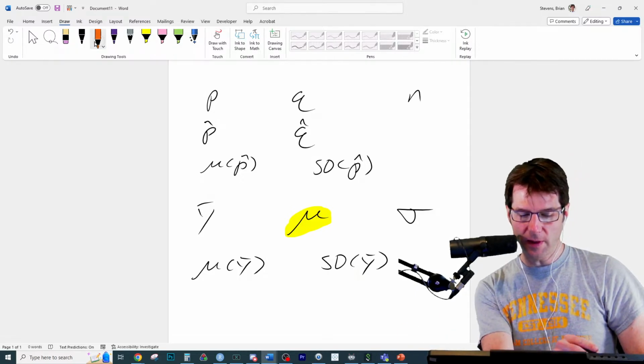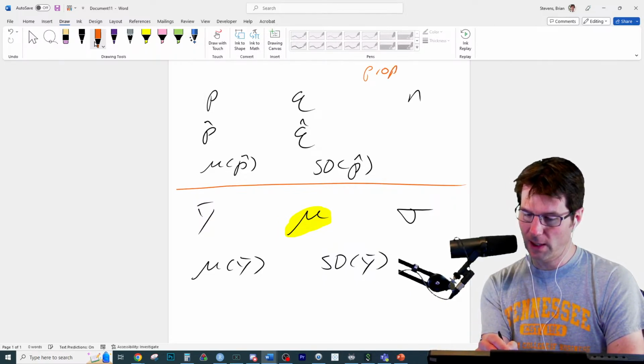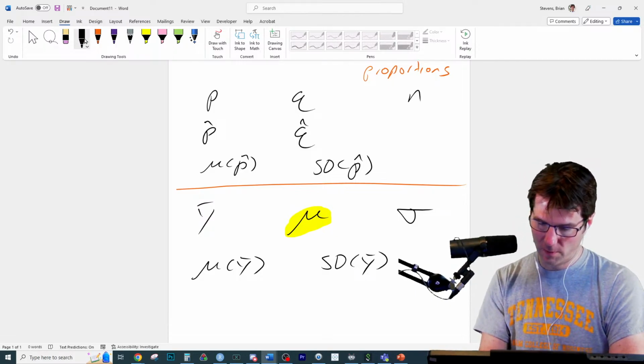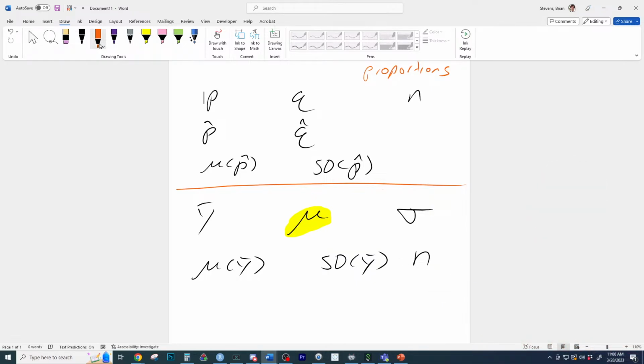So I've subdivided this right here so that the top is proportions. Now, n is for both, so we could put n down here also. And then the bottom is quantitative. So the top is all dealing with proportions and the bottom is dealing with quantitative.